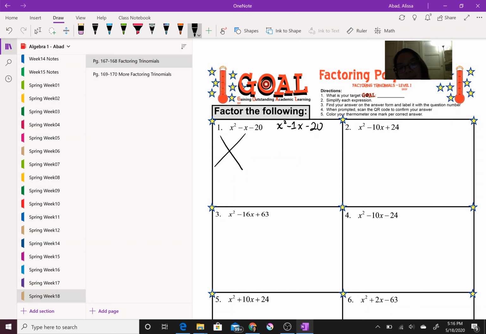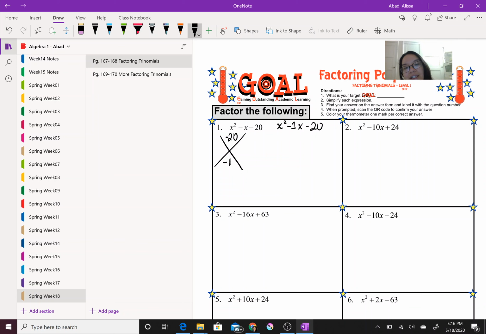I want two numbers that multiply to make negative 20, but also add to make that middle term, which is negative 1. So I'm doing that diamond problem again.